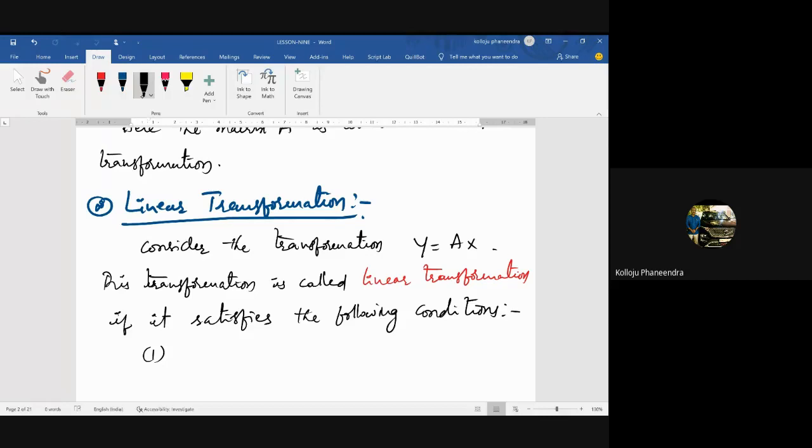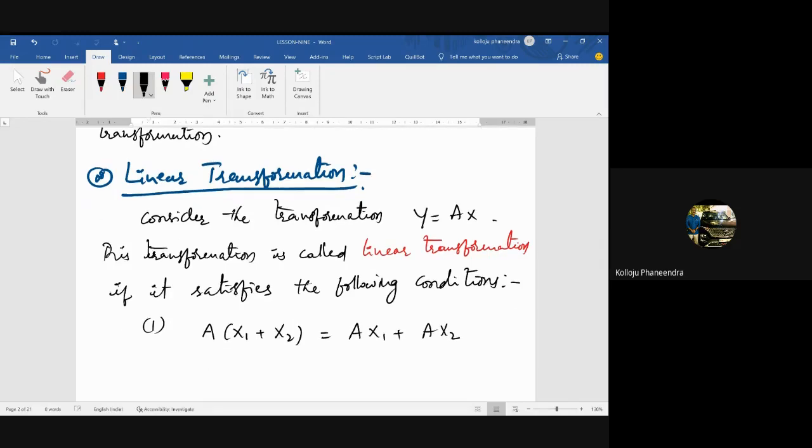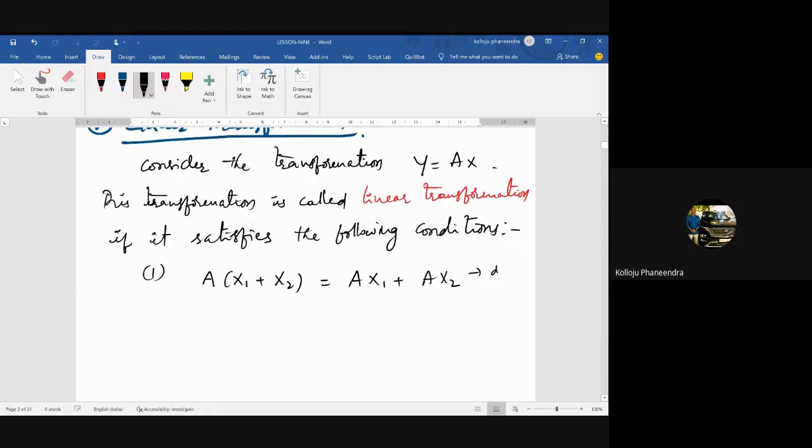The first one is A times (x1 plus x2), where x1 and x2 are two vectors, must be equal to Ax1 plus Ax2. This is called the additive property.